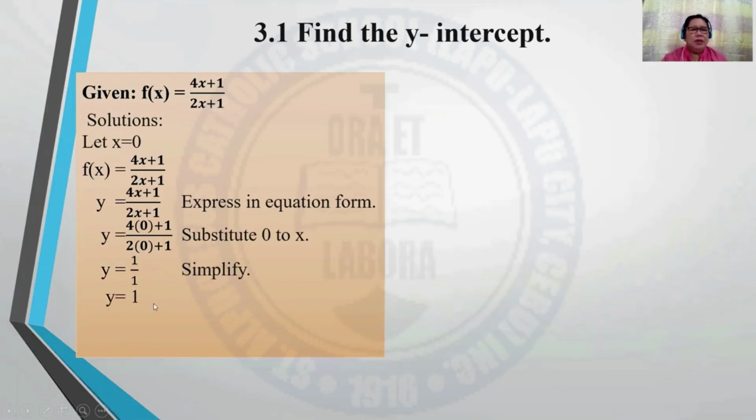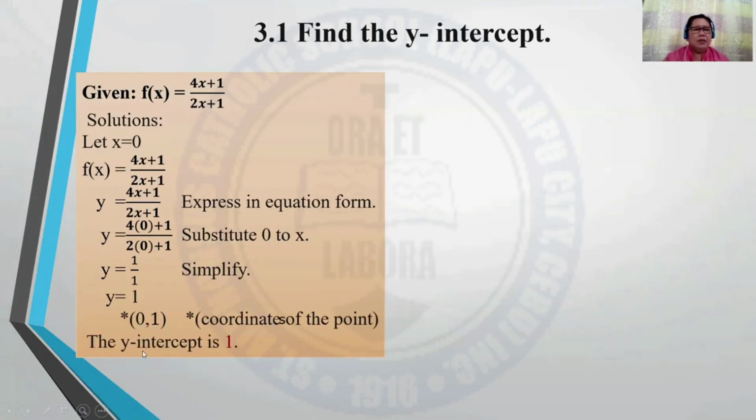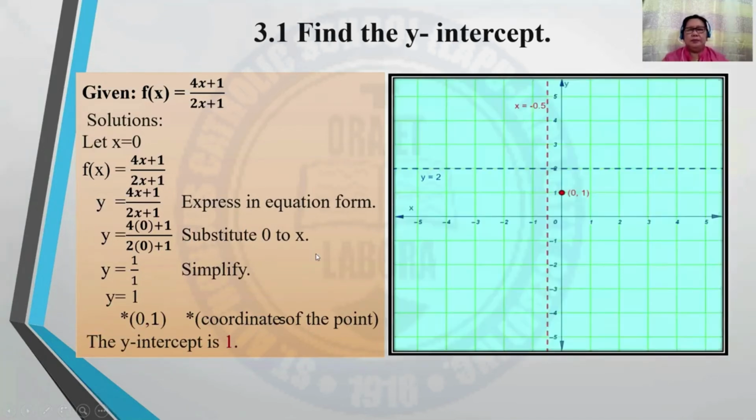And 1 over 1 is 1. Meaning, the coordinates of the point, we have 0 and 1. So the y-intercept is 1. So 0, 1. This is our y-intercept.